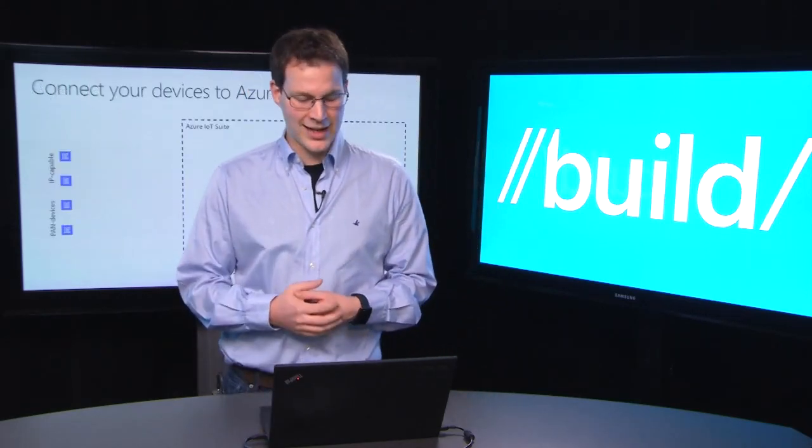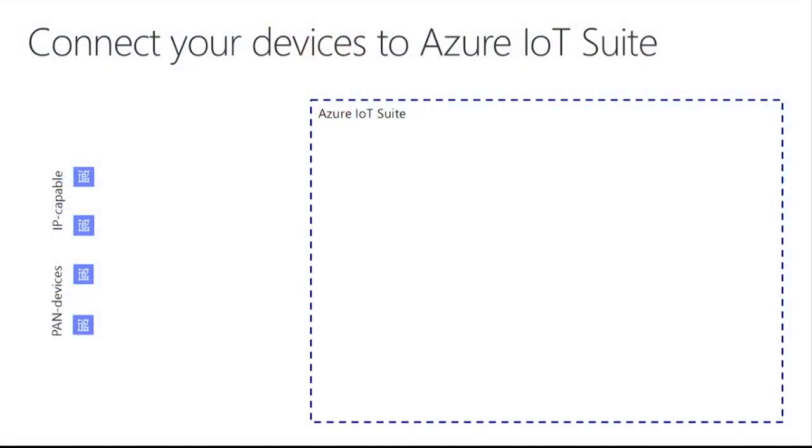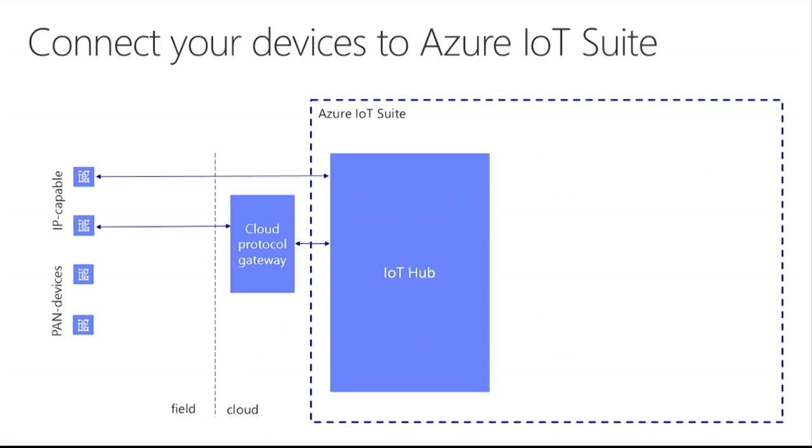So let's assume that you have lots of devices, and they can be of many kinds. They can be IP capable, so able to connect to the internet directly, or they can be low power embedded devices that can only connect to personal area networks, things like Zigbee or CoAP protocols.